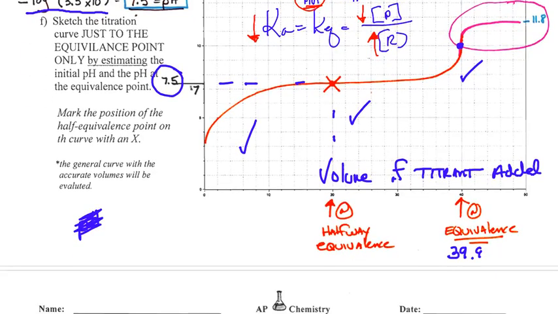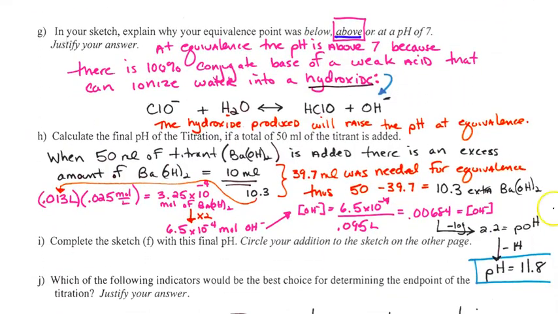And a lot of people said, well, it was a weak acid, strong base. So what? People said because it was a strong base that was added, that drove it up. No, no, no, and no. The strong base is going to match the what? The hydroxides with the protons, okay? But what makes the pH go above 7 is the fact that in this case, we had a weak acid, HClO.